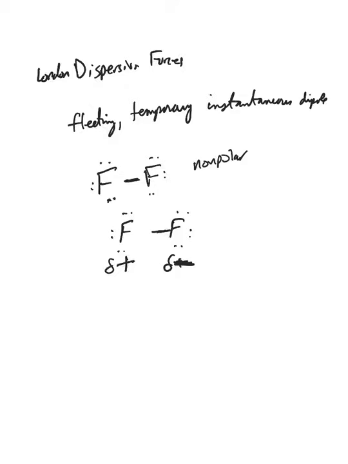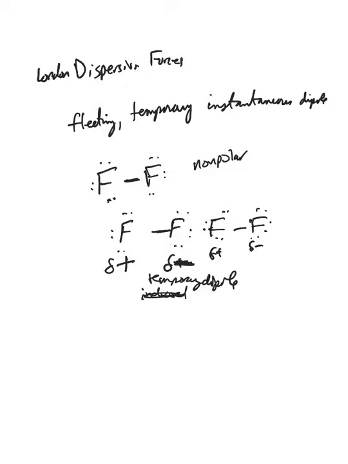And so now for that fleeting instant, we have a temporary dipole. And that can cause, in a nearby fluorine, a temporary disruption of that electron cloud, where we have partial negative and partial positive charge once again. And so we've got these induced dipoles.